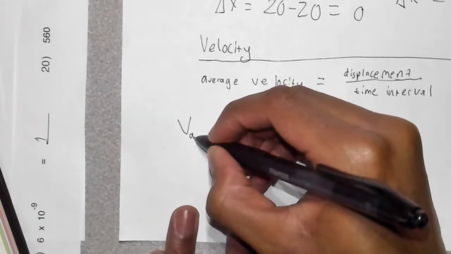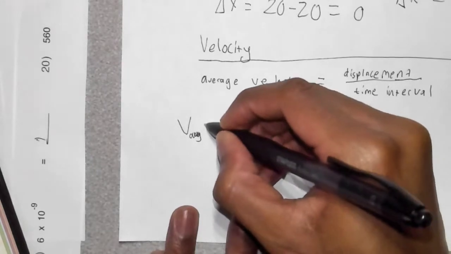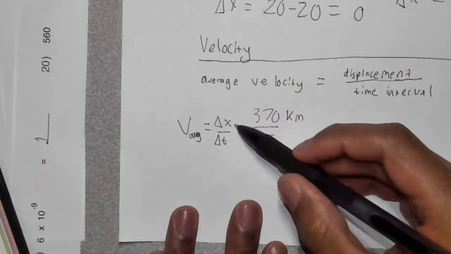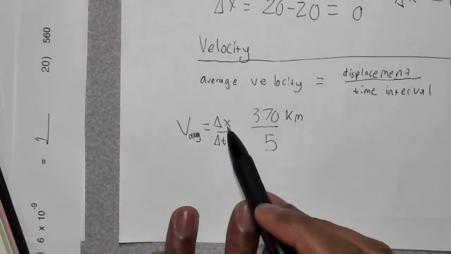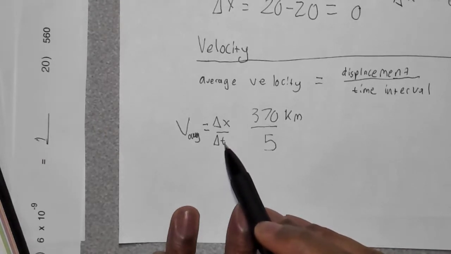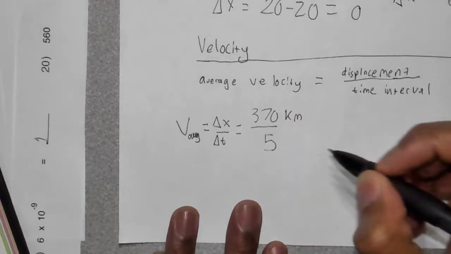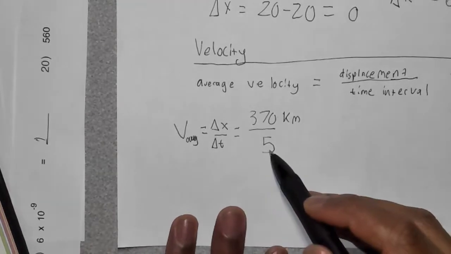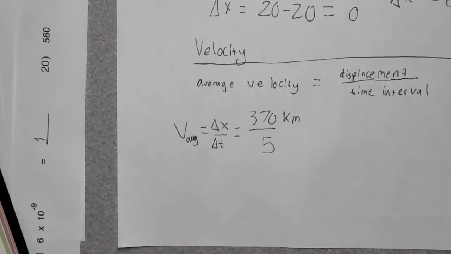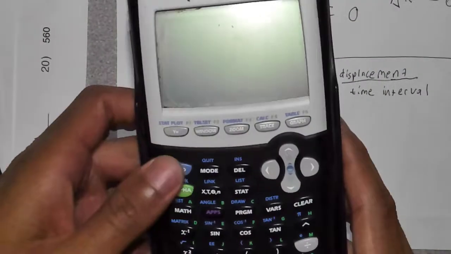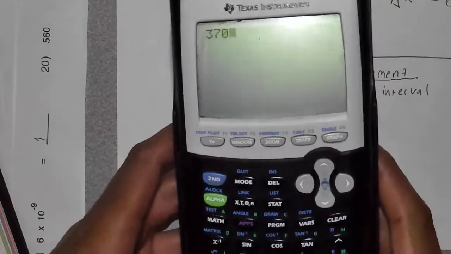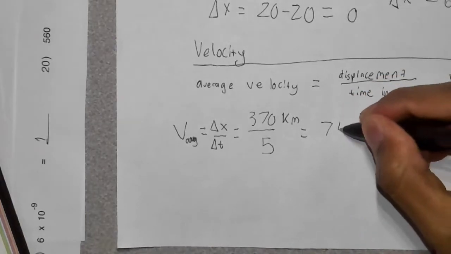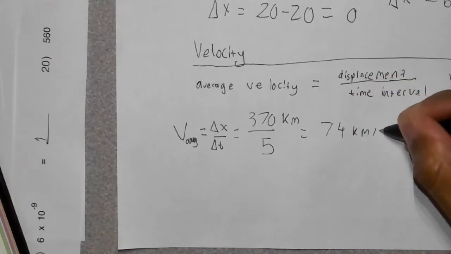We're going to write it as the average velocity equal to delta x over delta t: change in position, displacement, over change in time or time interval. Displacement 370 kilometers. Change in time was 5 hours. So we're going to divide 370 by 5. 74 kilometers per hour in the west direction.